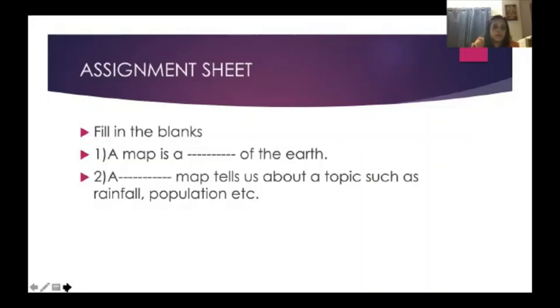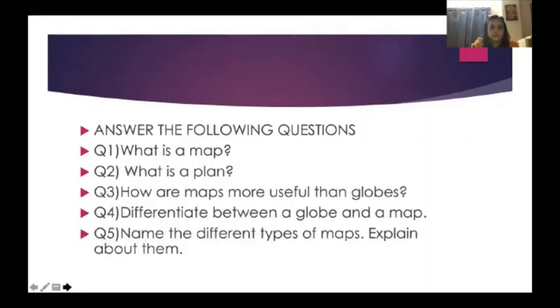Now, this is your assignment sheet, children. Fill in the blanks. A map is a dash of the earth. A dash map tells us about a topic such as rainfall, population, etc. Answer the following questions. What is a map? What is a plan? Question number 3. How are maps more useful than globes? Question number 4.